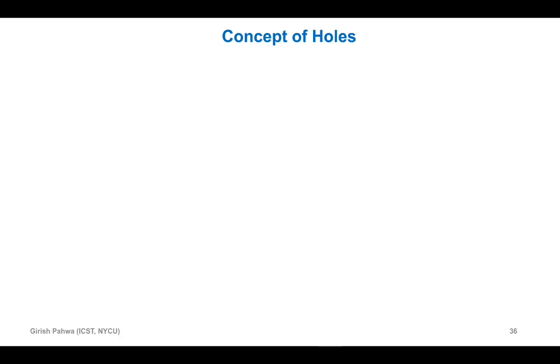Now let's talk about the concept of holes. I showed you that picture because it's going to help you understand holes. How many people already know what a hole is? Not in the quantum mechanical sense, but just that a semiconductor has electrons and holes. Most of you already know. It's like an empty state in the bond.